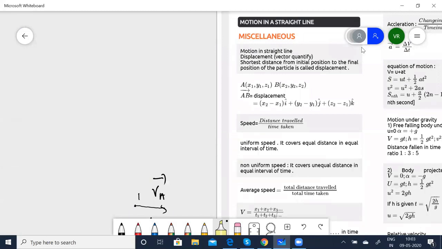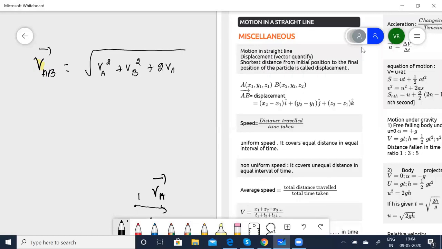Okay, so the determination of relative velocity of VA with respect to VB, I can also write as VAB vector, is equal to root over VA squared plus VB squared plus 2 VA VB cos of 180 minus theta.